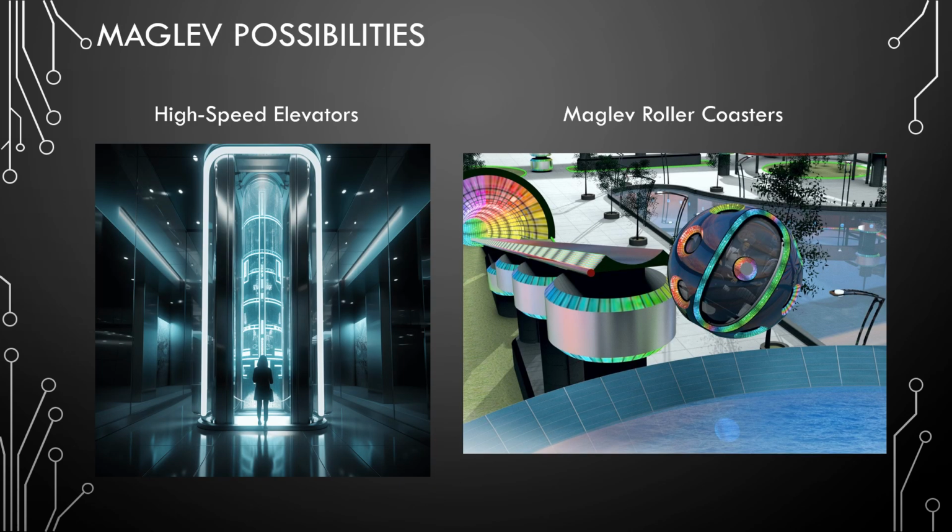So, to show some of the possible technology that can be created with the use of magnetic levitation, I will first talk about these two examples shown in the slide. These two examples are high-speed elevators and maglev roller coasters. And to begin with high-speed elevators, as talked about in the slides before, by using the repulsion force produced by the induced magnetic field, one day in the future, high-rise buildings can implement these high-speed elevators to move between floors at a speed incomparable to modern-day elevators, which require the use of pulleys.